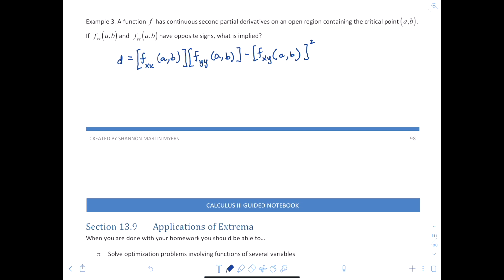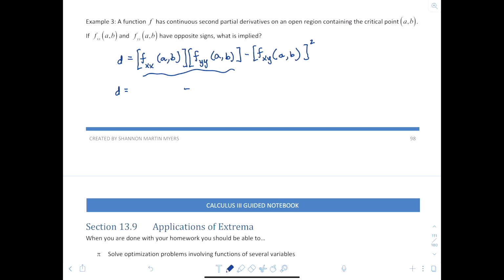So we don't know exactly what D is going to equal. So if you have a product of a positive and a negative, right? And when it says they have opposite signs, it implies that they're not 0 because 0 doesn't have a sign. So that means this product here would be negative.